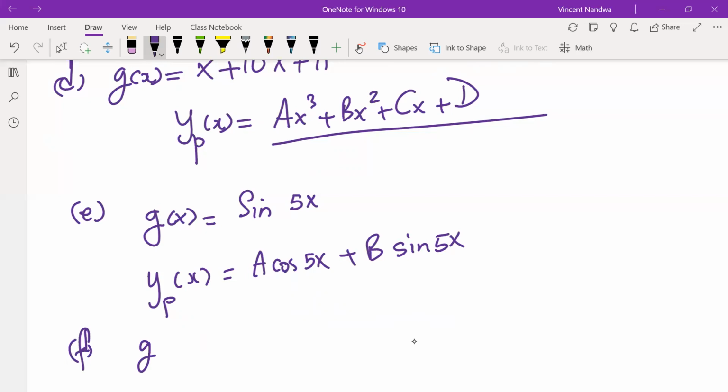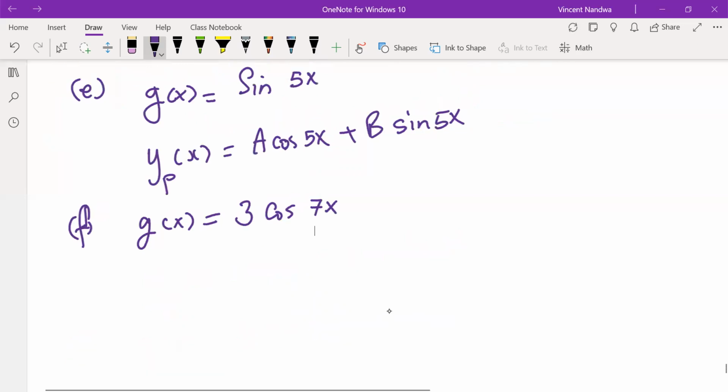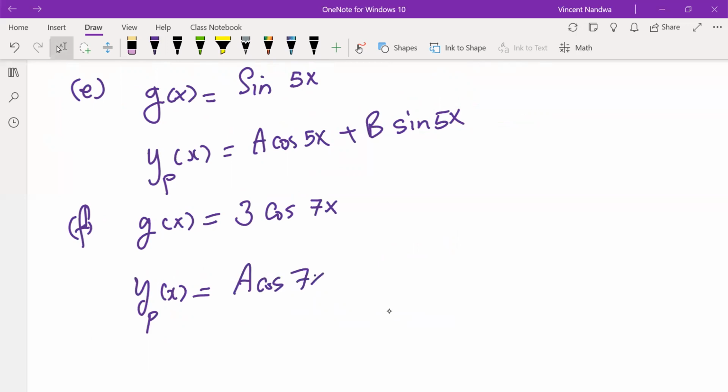F, if g of x is given by 3 cos of 7x. Here, having a cosine function, then yp of x will be a linear combination of cos of 7x and sine of 7x.